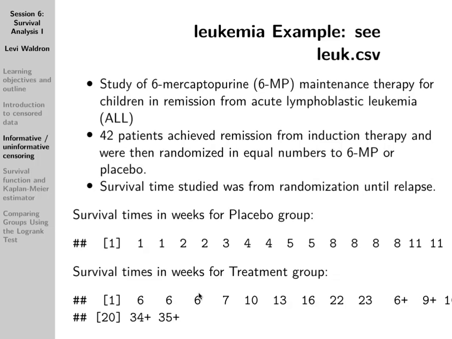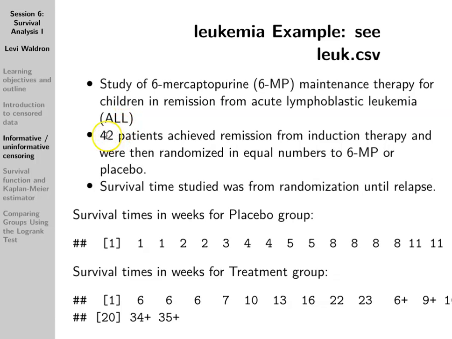So I have an example data set with this lecture, this leukemia data set, which is a study of a drug called 6-MP. I'm not even going to try to pronounce this, but it's a maintenance therapy for children in remission from acute lymphoblastic leukemia, ALL.